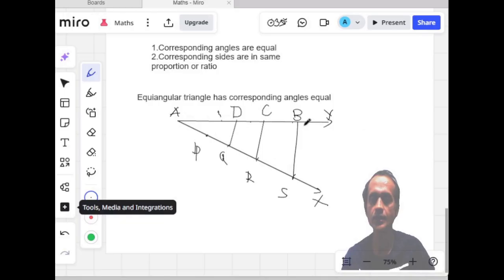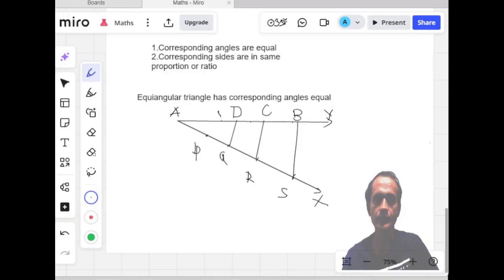So what does the basic proportionality theorem state? It states that equiangular triangles have corresponding sides proportional. So this angle is equal, common for all these triangles.